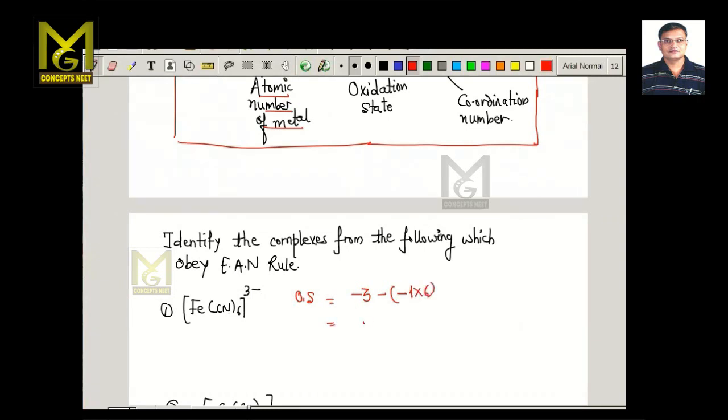So that is minus 3 plus 6, equal to plus 3. So we can write Fe is plus 3. Then what is the coordination number? This ligand is monodentate, so 1 into 6, the coordination number is 6.